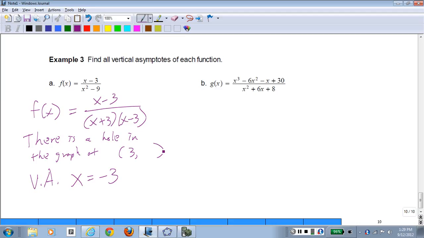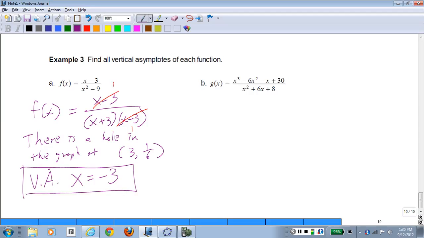That would be 1/6 maybe? 1/6. If you divide out the x minus 3's, and then you have the expression 1 over x plus 3, you're letting x get really close to 3, that's going to be really close to 1/6. So that's the hole in the graph, but the vertical asymptote is what we're looking for, and the only vertical asymptote is this.